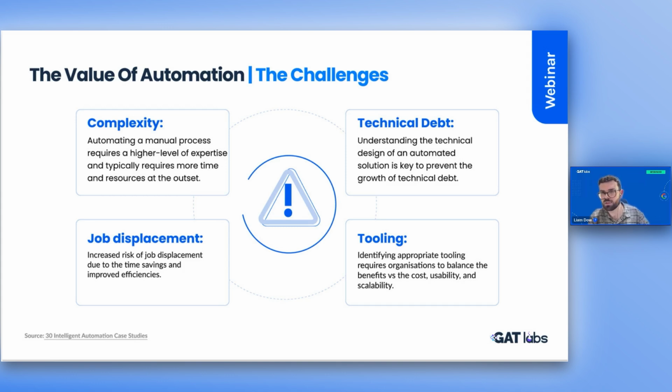There's the technical debt aspect as well, which is quite a big risk when you start to implement automation. An example: maybe you have someone in your team that is really good at programming. They've written some scripts to automate certain tasks, and not to pour cold water on that, it provides value.